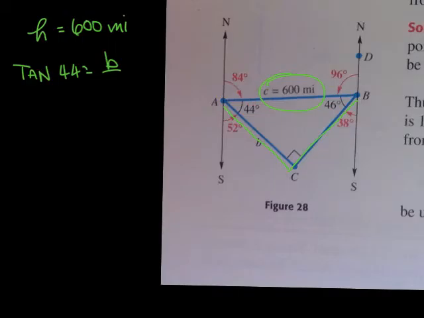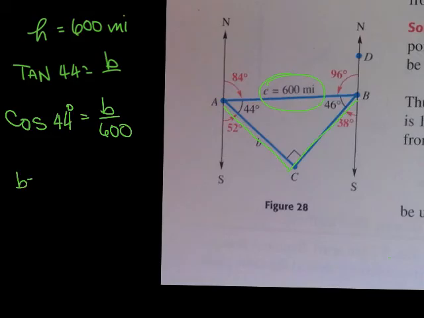So tangent isn't going to work. So let's look and see what our other options are. We can try cosine, because cosine also has adjacent in it. So cosine of 44 degrees is adjacent over hypotenuse, which is 600. So that one works.